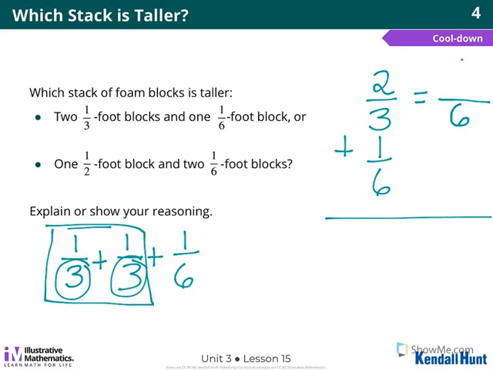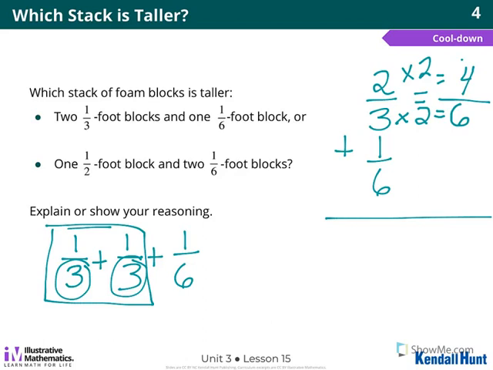So I'm going to make an equivalent fraction. I'm going to think, 3 times what number is 6? 3 times 2 is 6. What I do to the bottom, I do to the top. 2 times 2 is 4. So 2/3 is equivalent to 4/6.